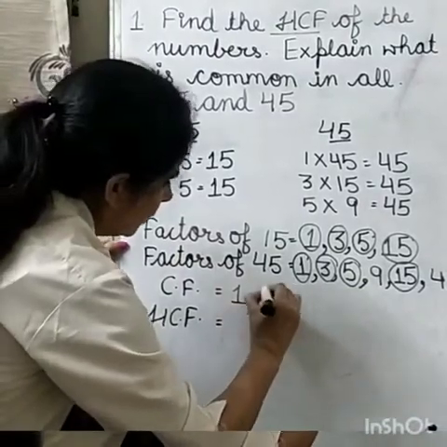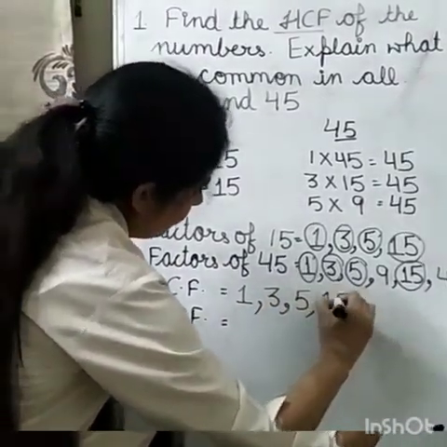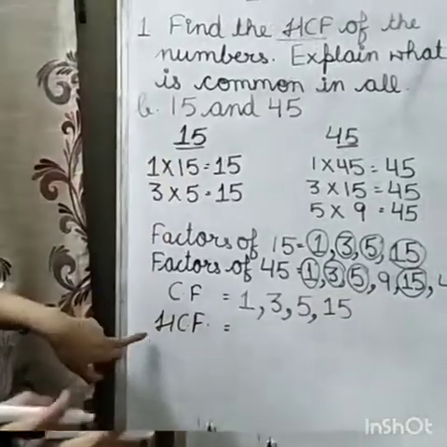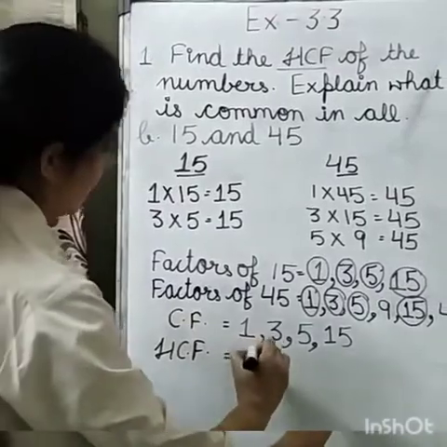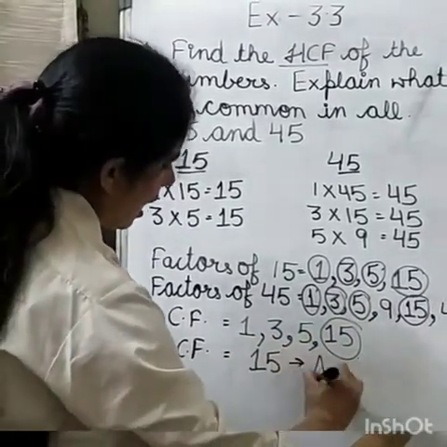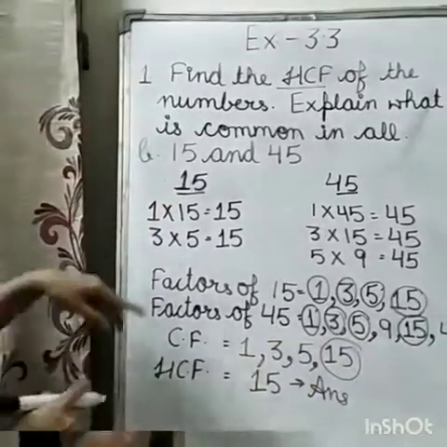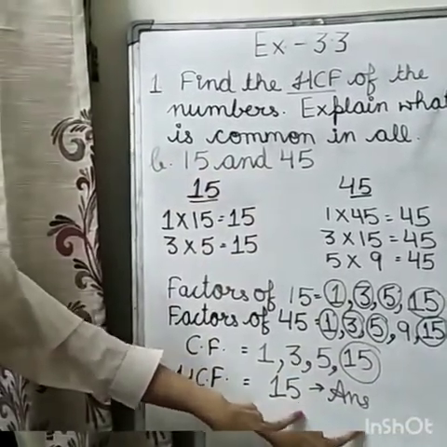Common factors are 1, 3, 5 and 15. Next step and the last step, highest common factor, that is 15. This is the answer. So the HCF of 15 and 45 is 15.